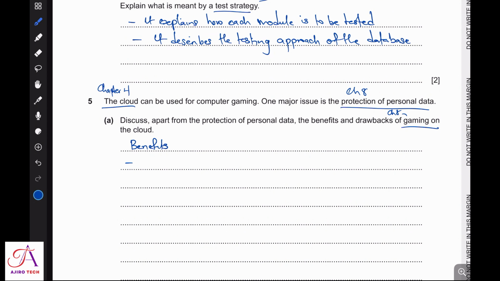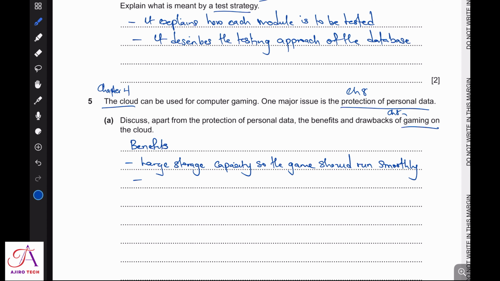Number one, because it's cloud, large storage. You're not playing the games on your own computer, because it's large storage capacity. So the game should run smoothly.